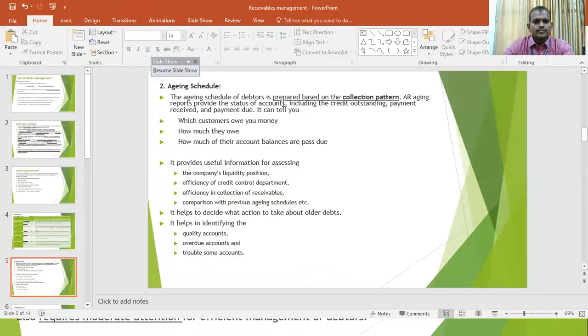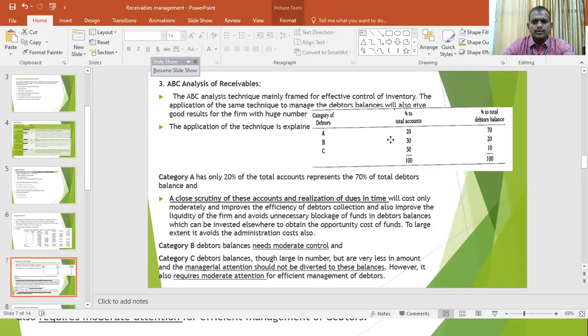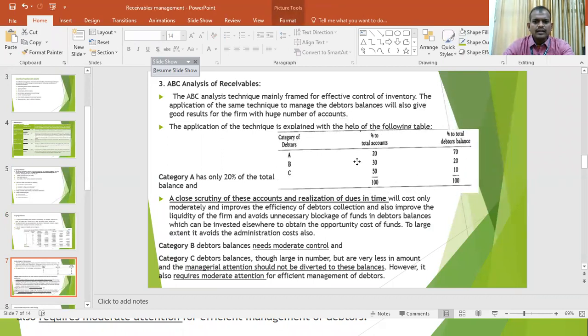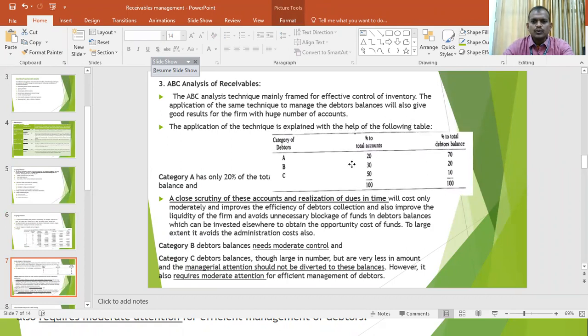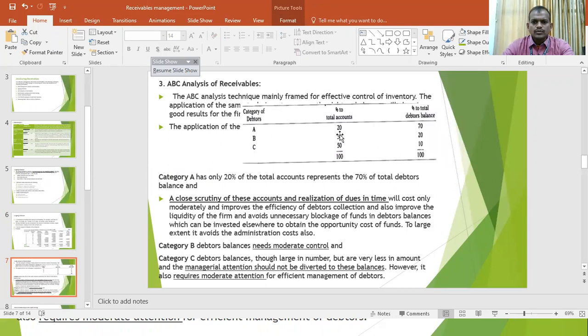See, if you observe the example table, category of debtors A, B, C, percentage of total accounts 20, 30, 50, and percentage of total debtors balances, so 70%, 20%, 10%.